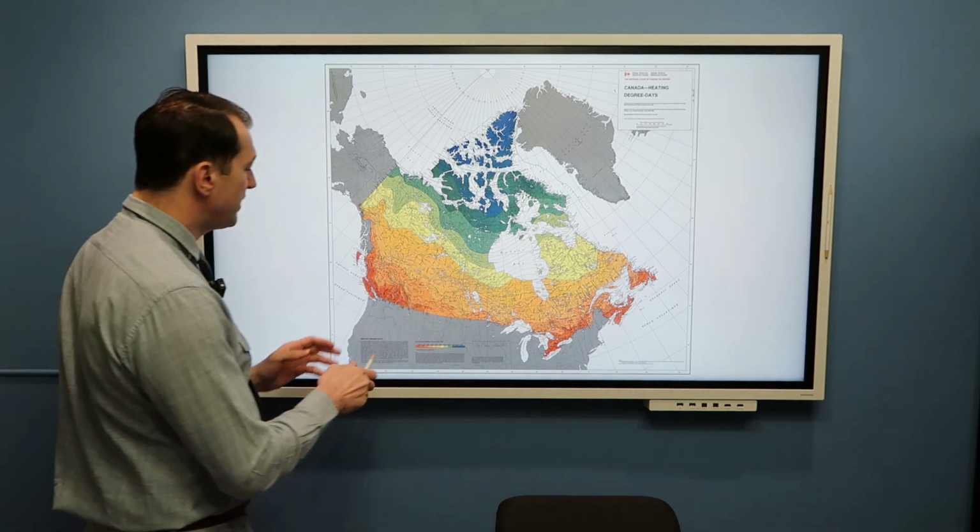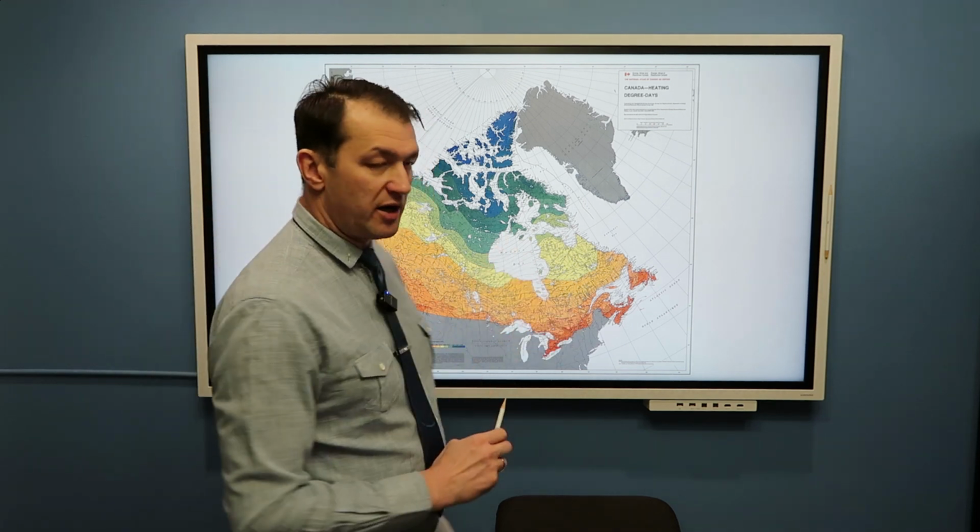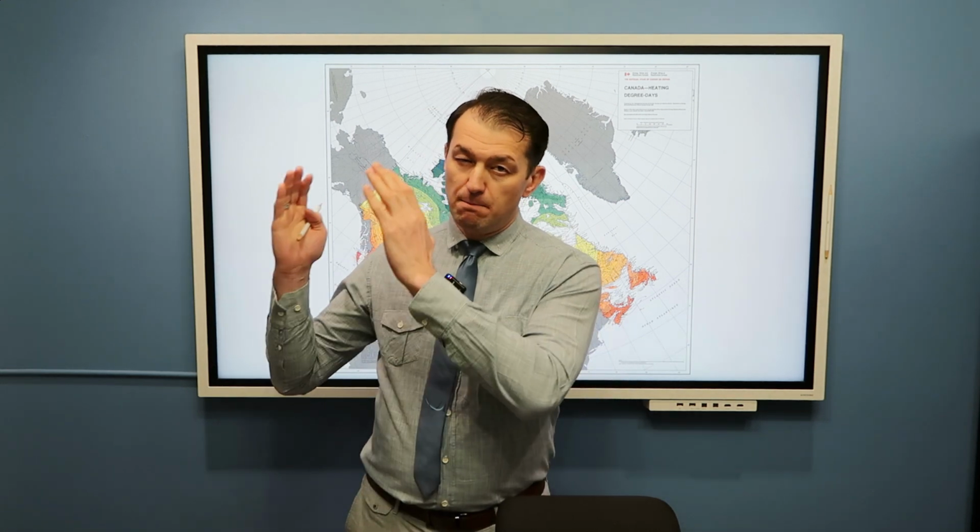Another interesting feature on this map, and one of the reasons why these maps are used, is if we compare, for example, Vancouver in British Columbia and Montreal in Quebec, then Vancouver has approximately 3,000 heating degree days, whereas Montreal has approximately 6,000.